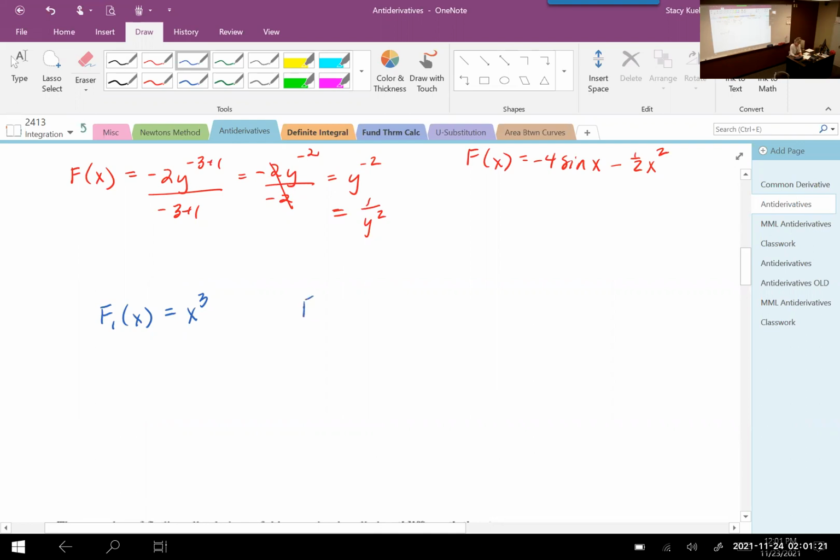What if I had f2 of x, which was equal to x cubed minus 5, and I had another one equal to x cubed plus 3. What's the derivative of the first function I have up there? 3x squared. What's the derivative of the second one?